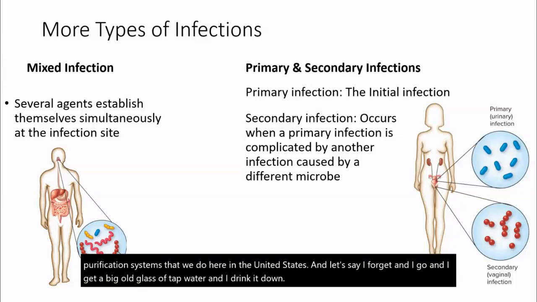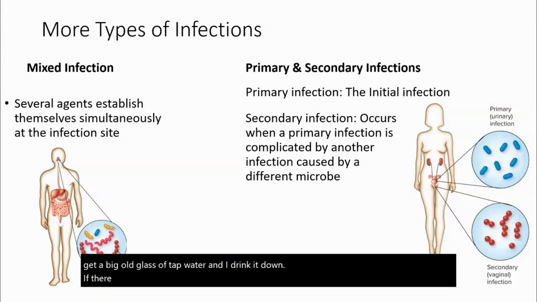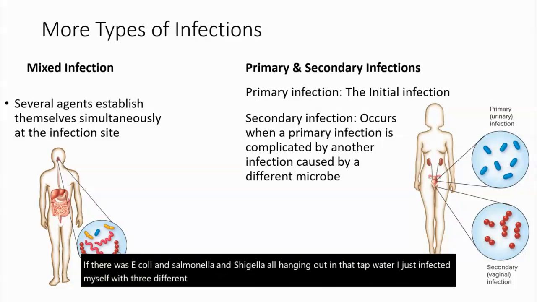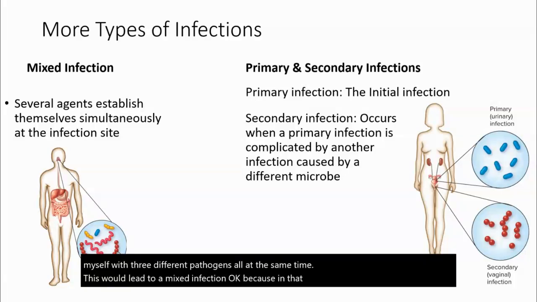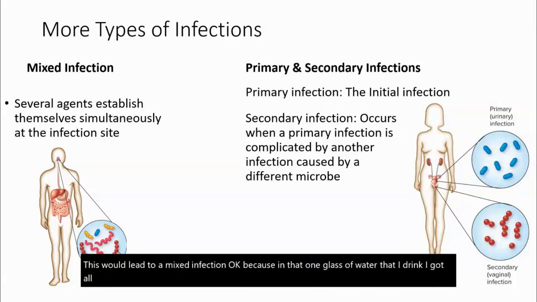Well, if there was E. coli and Salmonella and Shigella all hanging out in that tap water, I just infected myself with 3 different pathogens all at the same time. This would lead to a mixed infection, okay? Because in that one glass of water that I drank, I got all 3 pathogens concurrently or simultaneously, okay?